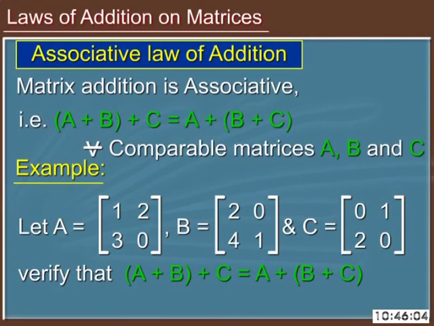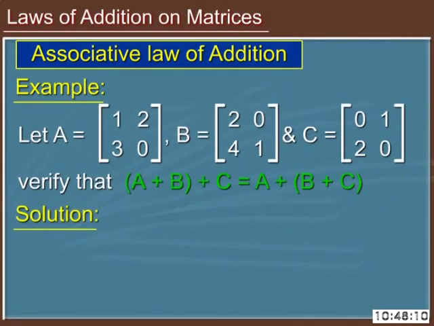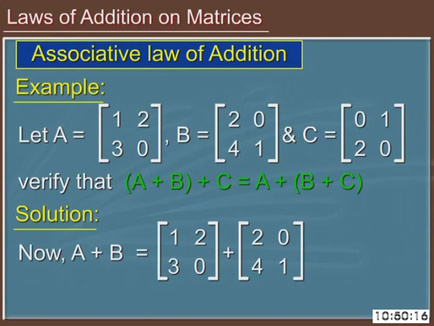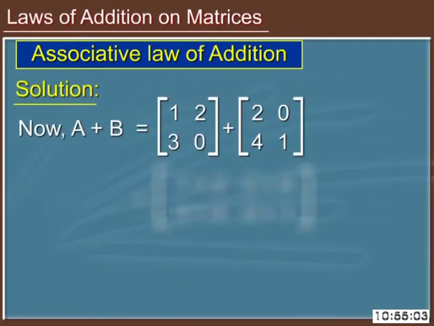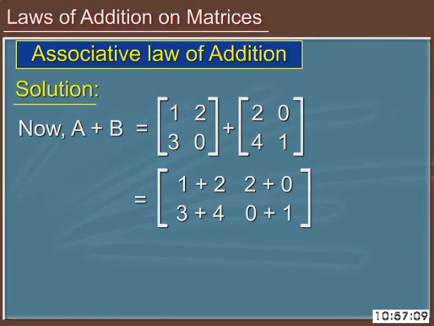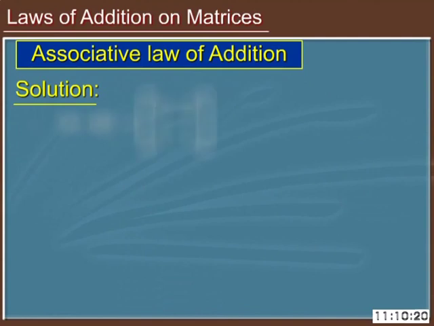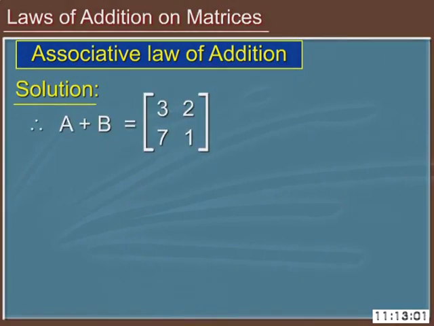Now first, A plus B will be equal to matrix A plus matrix B. Further, equal to a square matrix of order 2 having first row elements as 1 plus 2 and 2 plus 0, second row elements as 3 plus 4 and 0 plus 1. That will be further equal to a square matrix of order 2 having first row elements as 3 and 2, second row elements as 7 and 1.